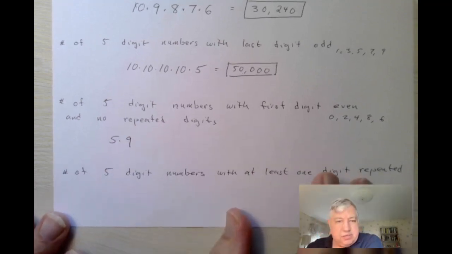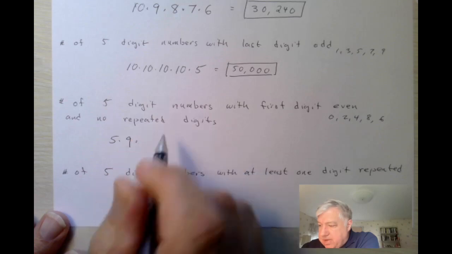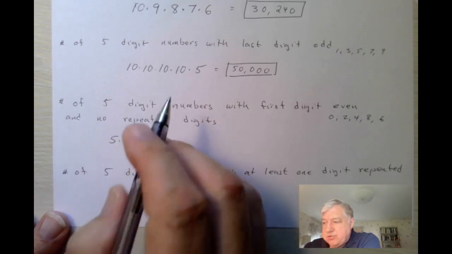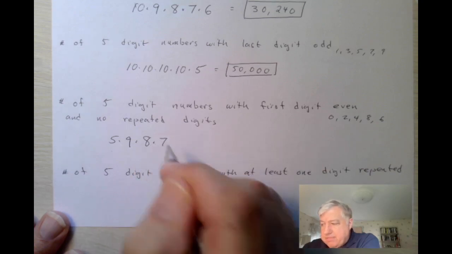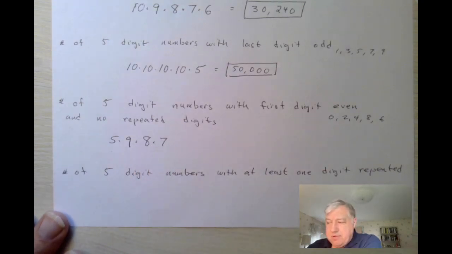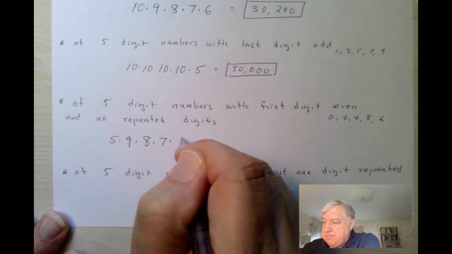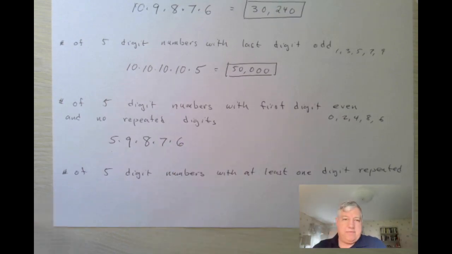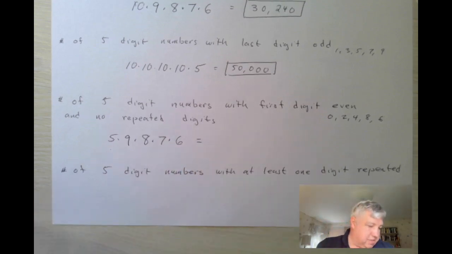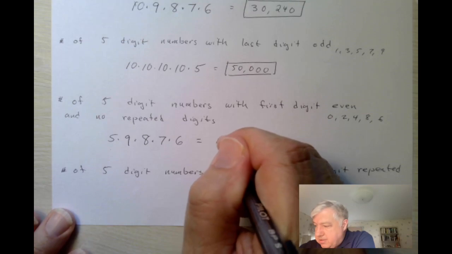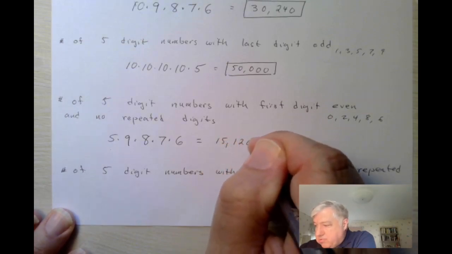The third digit can be anything except the first 2, so there are 8 possibilities, then 7 for the fourth, and 6 for the fifth. So this is 5 times 9 times 8 times 7 times 6, which is 15,120.